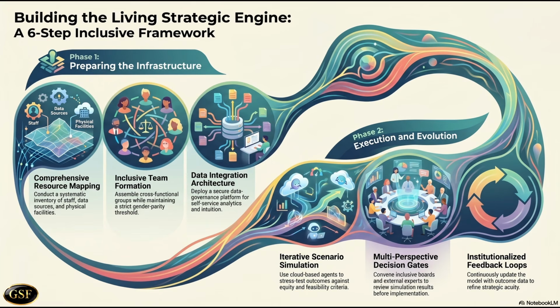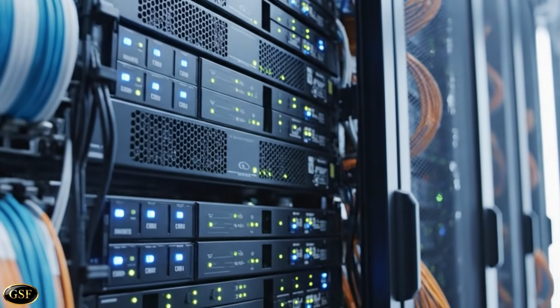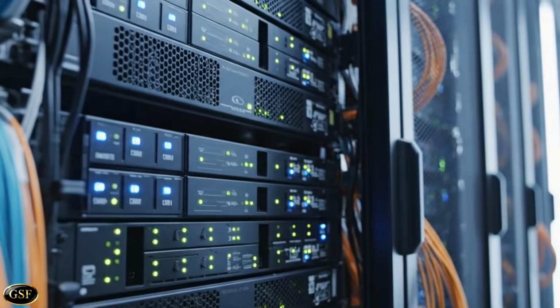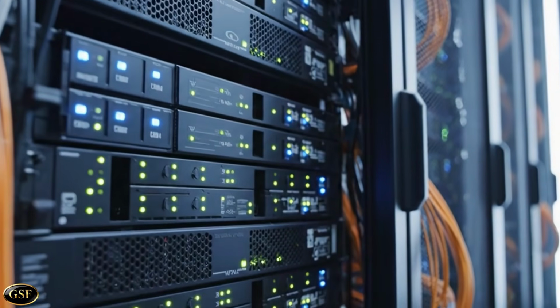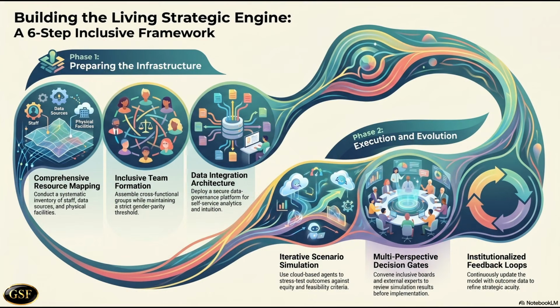Step 4. Iterative simulation. Use high-performance computing or cloud-based agents to run a breadth of scenarios. Conduct stress tests that vary gender composition, data accuracy, and facility availability to assess robustness. Step 5.